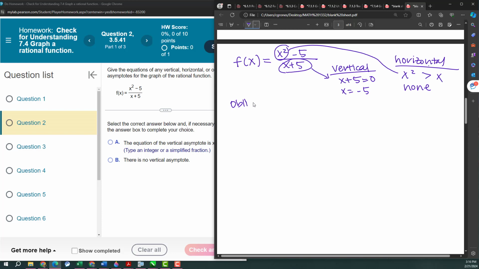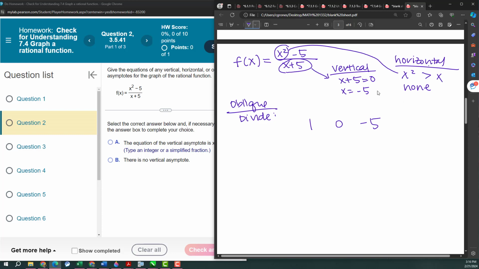For our oblique asymptotes, we are going to divide. So I'm going to use synthetic division. I've got x squared, 1x squared. I don't have an x, so that's going to be 0. And then I have negative 5.